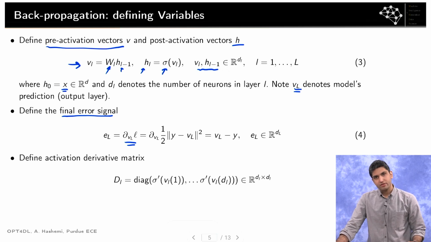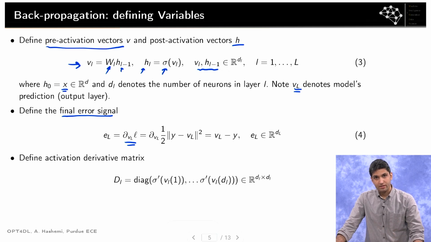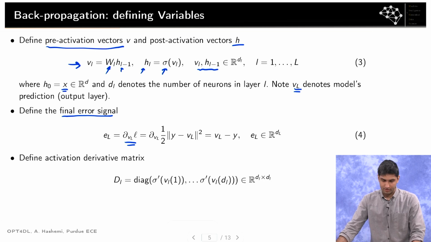So this is not necessarily something that we'll see immediately impacting the partial derivatives, and therefore the update of each weight matrix. But as we'll see, and we actually did talk about it very briefly in some of the previous lectures, this is something that will actually show up in the partial derivatives. So that's the main reason we are defining that.